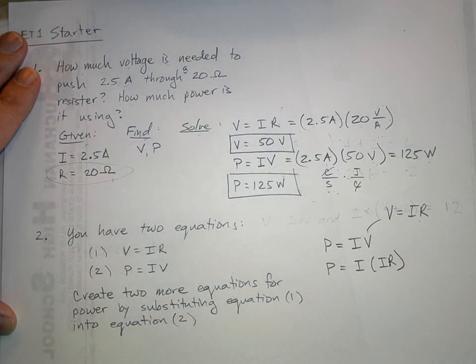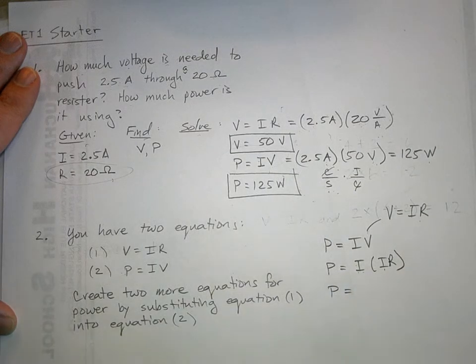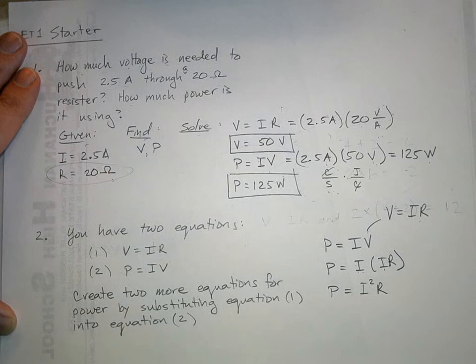Now you could leave it like this, but this is kind of awkward. So what is I times R? What's a better way of writing that? What is I times I equal to? I squared times R. And this is an equation for power.